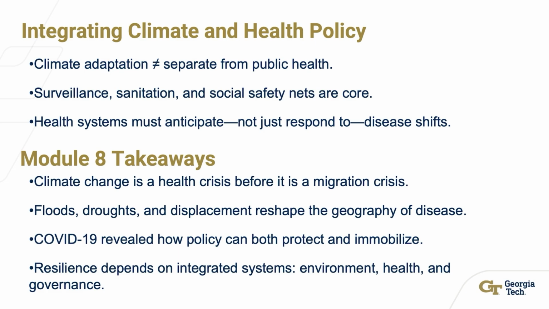And ultimately, I want to close this module by just discussing again that climate adaptation is not separate from public health outcomes. Surveillance, sanitation, and social safety nets are core to this, and health systems must anticipate disease shifts.